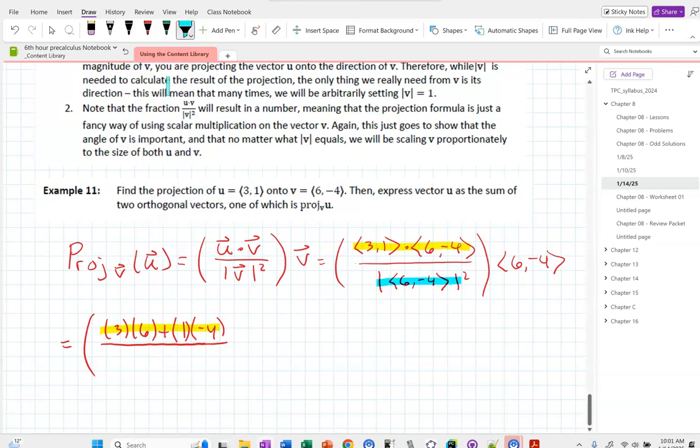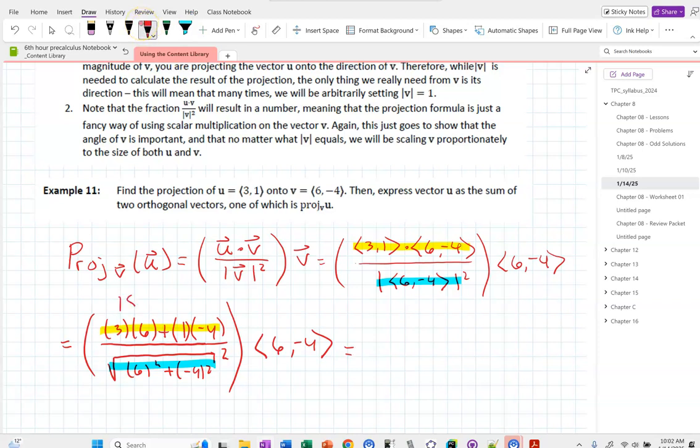To do the magnitude, we have the square root of the x component squared plus the y component squared. And then we have that extra squared there. Is everybody okay with what I've done so far?